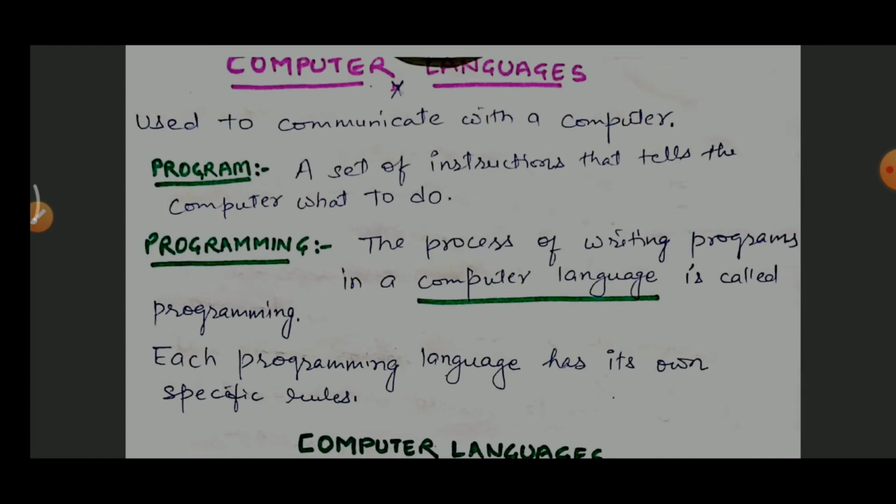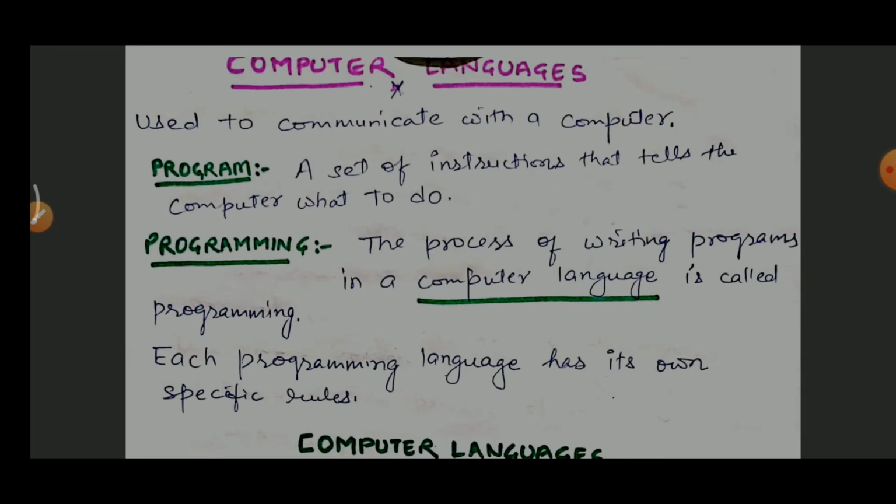We all know that a computer does not do anything on its own, which means a computer has no thinking ability. So it needs a set of instructions that tells the computer what to do and how to do it, and that set of instructions is called a program.